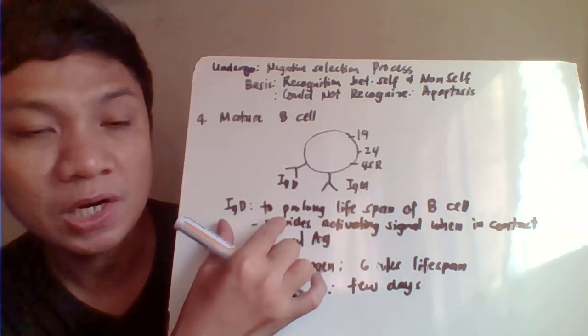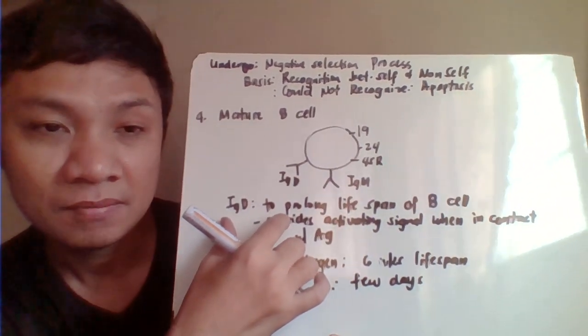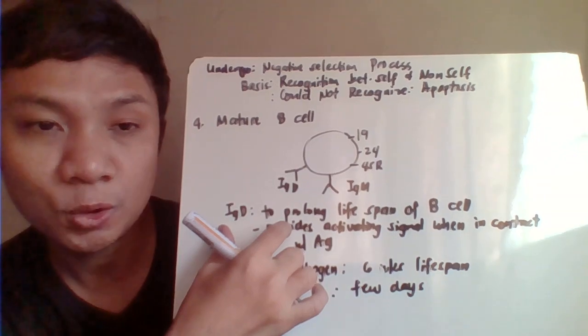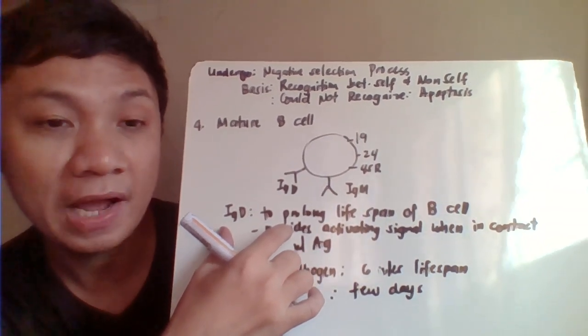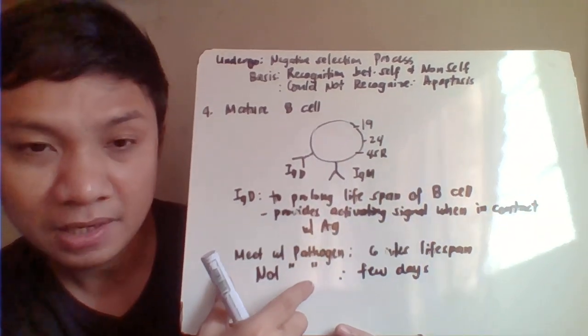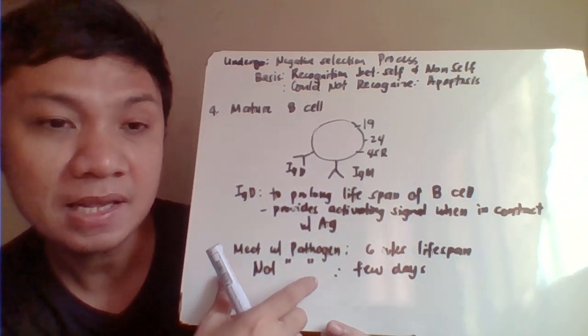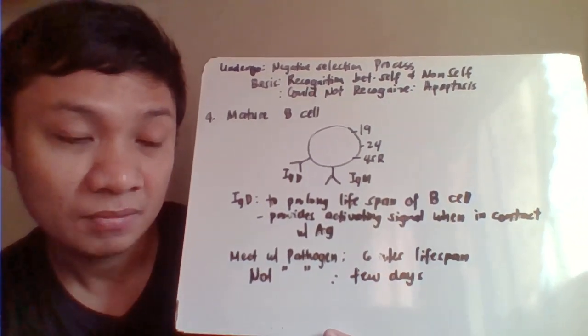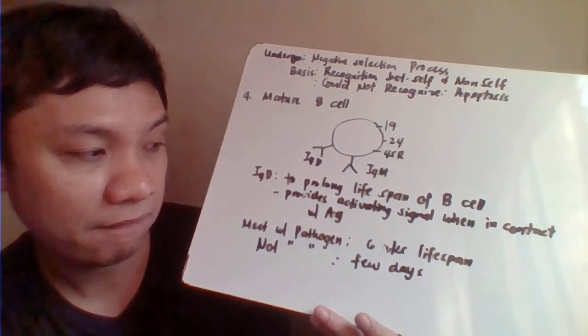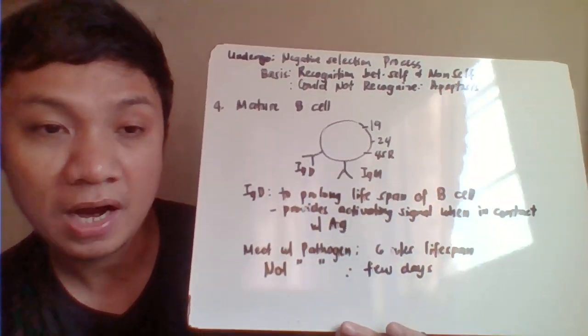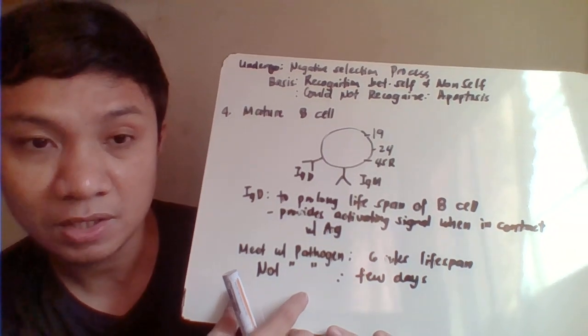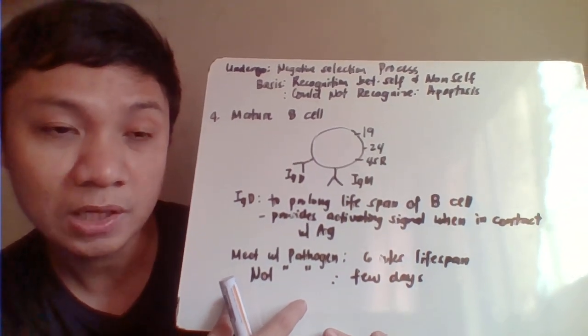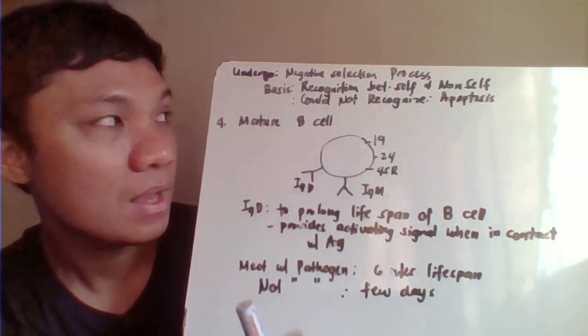Actually, the IgD here will try also to decrease the ability of your B cell to combine or to react with your antigen. Okay, so ito magiging consequence if your B cell here is able to meet with your antigen. Okay, it would eventually have a longer lifespan, but if that one is not able to meet with your antigen, it will die easily.